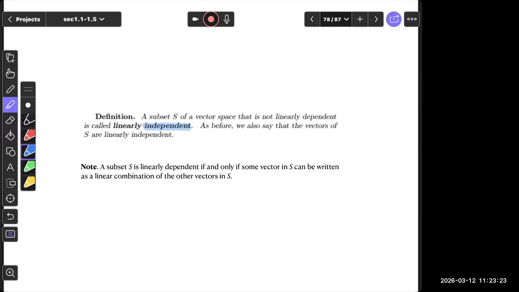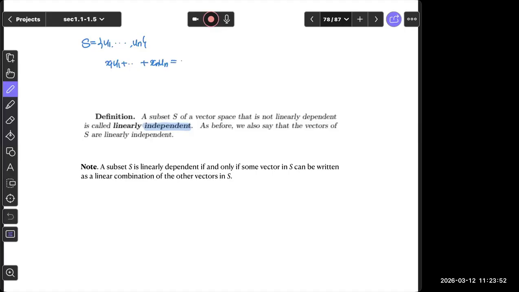So what does that mean then? What is the meaning of this? If S consists of, say, u1 up to un vectors, and I consider a linear combination of those vectors, and I assume that this linear combination is 0, and those vectors are not linearly dependent, what does that mean?